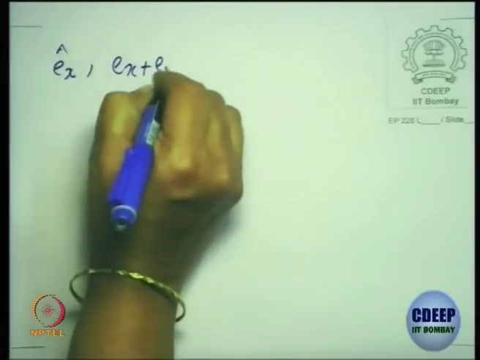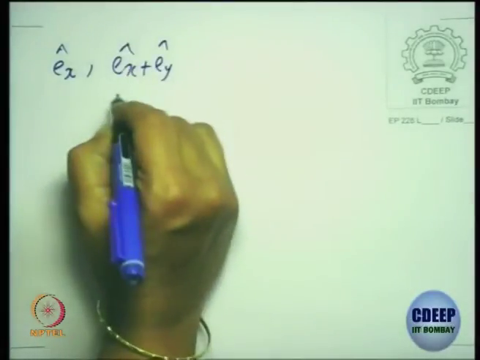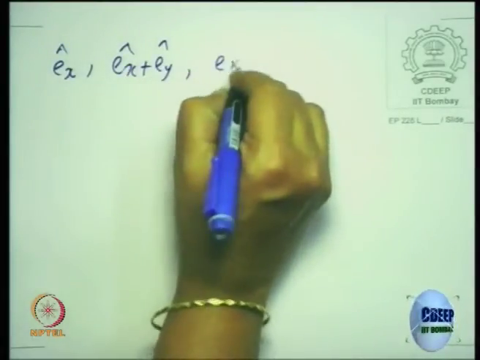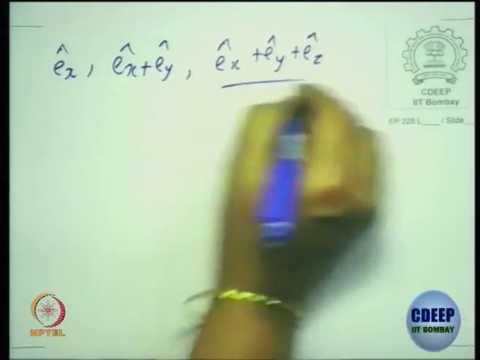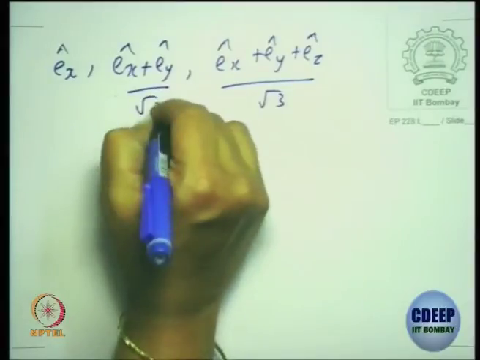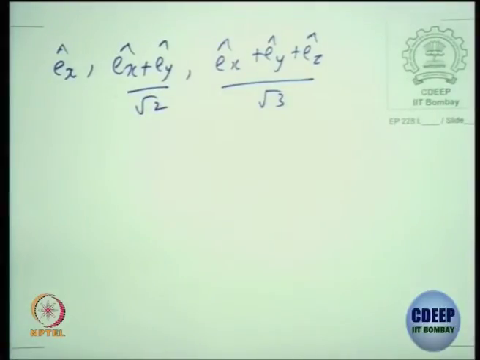I had Ex, Ex plus Ey, and then Ex plus Ey plus Ez, you could normalize them. This is a basis set in 3-dimensional real space which spans the space, but it is non-orthogonal.